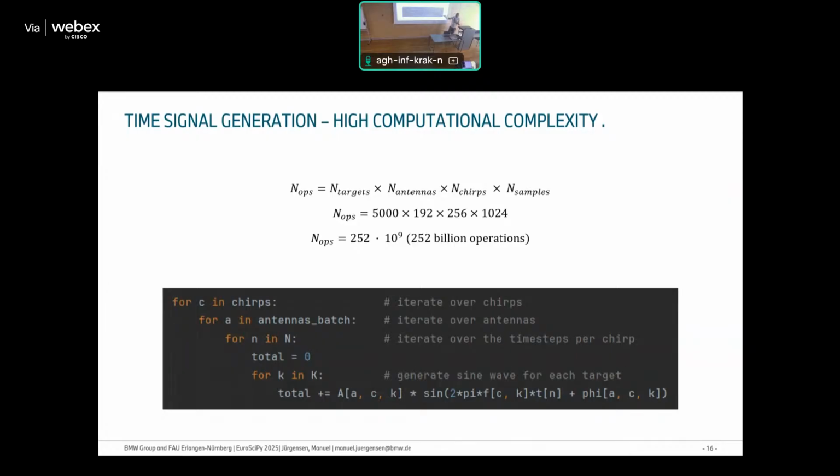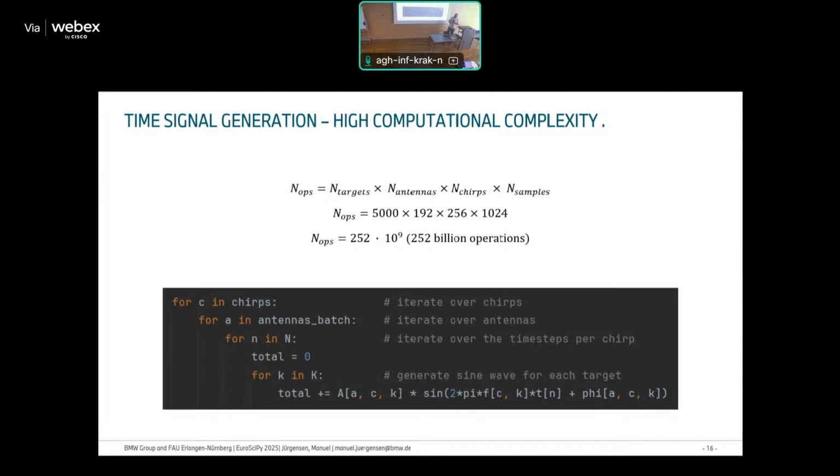We have 56 chirps, which is the relative velocity you can measure, and you have samples per chirp. So what that says is 252 billion operations per frame, and one frame is 20 milliseconds. And radar is sending about 20 times a second. So it's quite computational.